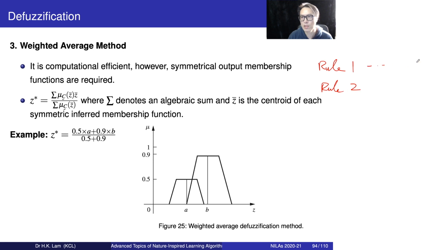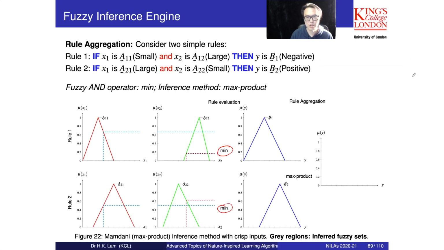So rule 1 will give you the shape, that is, for example, this is the membership function 1, this is membership function 2, and then another one will give you membership function 2 right here, mf2, mf1. If you still cannot get why I have these two membership functions, just refer to this example.